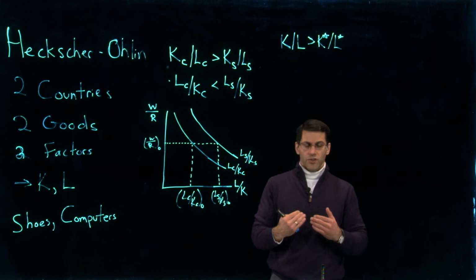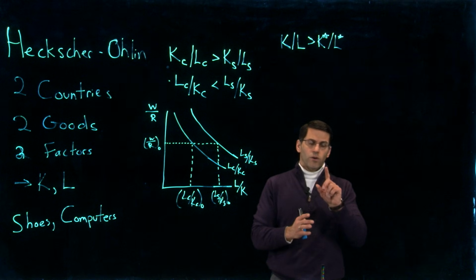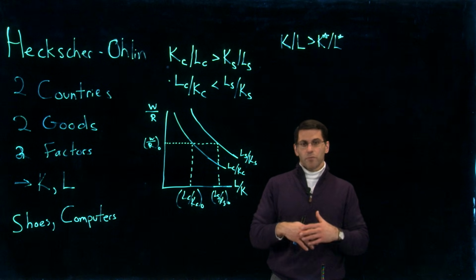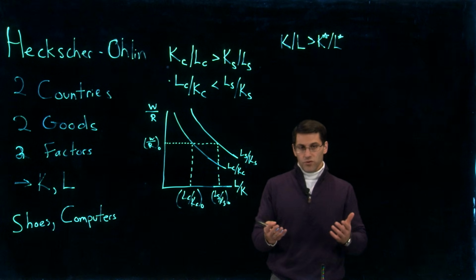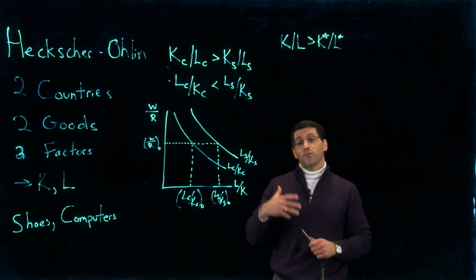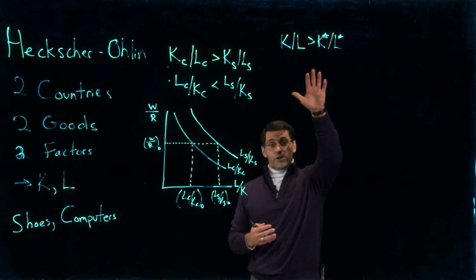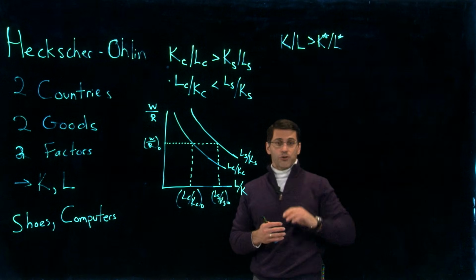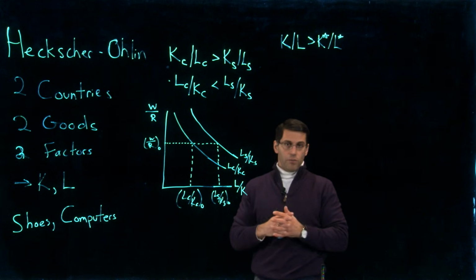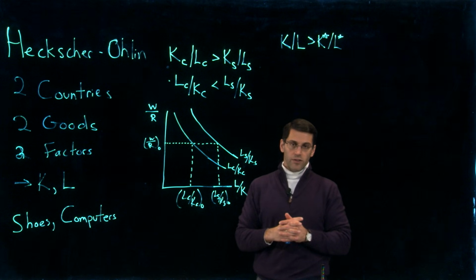We're trying to focus in each of these models on how one difference between the countries can lead to the basis for trade and predict the patterns of trade. Right? So in this model, we're focusing on the difference in factor endowments. Right? We're going to focus on the fact that, according to our setup, the home country is capital abundant, and how that will predict the pattern of trade, along with the assumption of which industry is capital intensive.